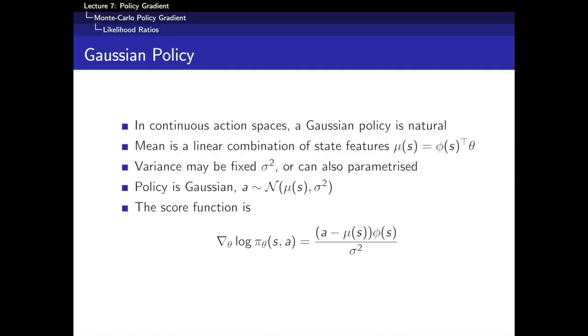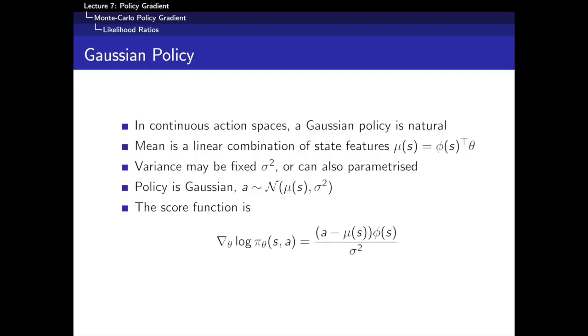And so if we were using a Gaussian policy, what would this score function look like? Well, the score function is basically, again, this tells us how to get more of a particular action. And here, again, we have something very similar to the last slide, where this tells us this is the action we actually took. This was our action A. And this is the mean action.